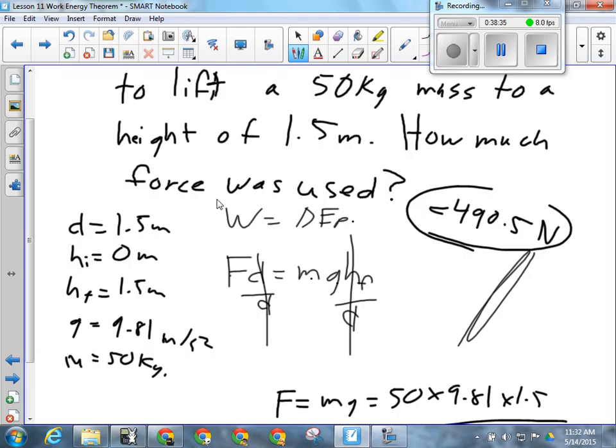Look on your formula sheet. Is there a force on your formula sheet that's equal to m times g? We talked about it yesterday. The force of gravity. That's what you work against when you lift something, so it's logical that it should equal the force of gravity, 9.81 times the mass.